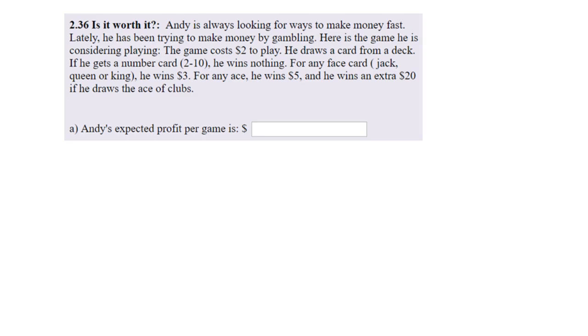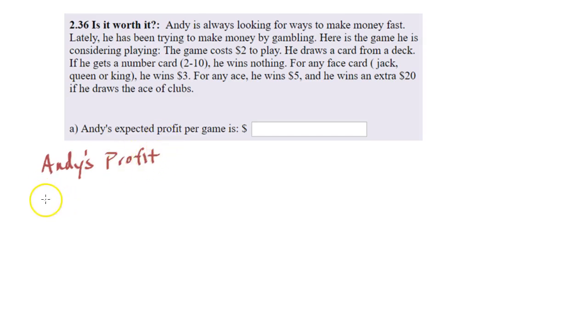So to find the expected profit, you have to put the values in terms of how much Andy would be making. It could be negative, it could be positive, and you need to keep track of each possibility and its respective probability. To do this, make a discrete distribution using a table, and remember, this is in terms of Andy's profit.